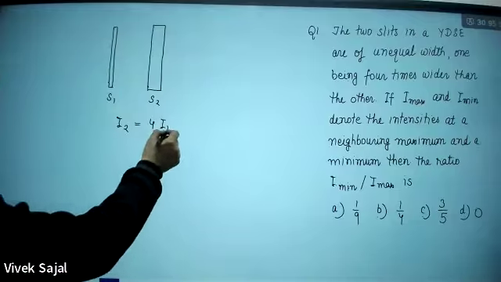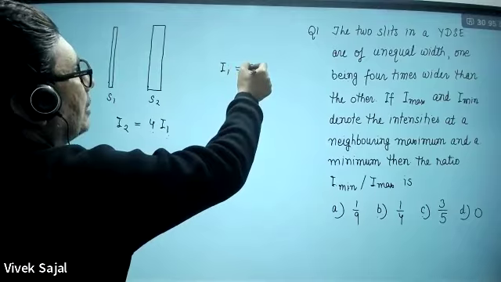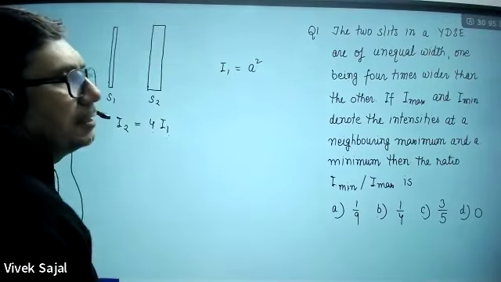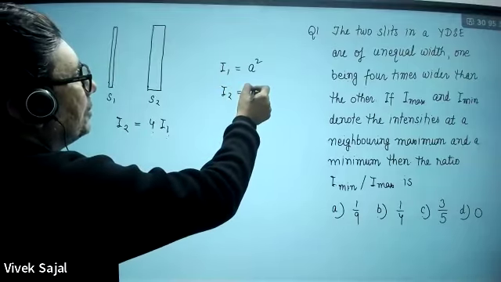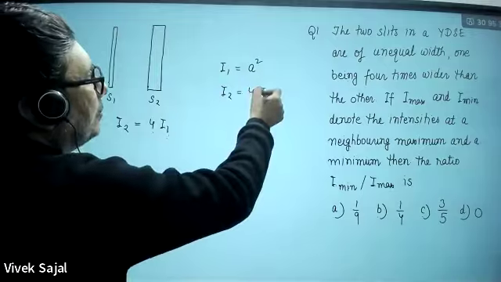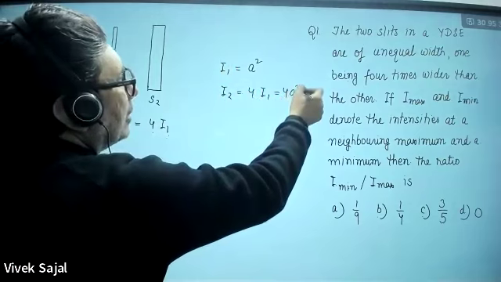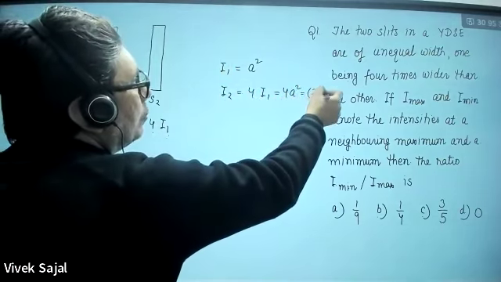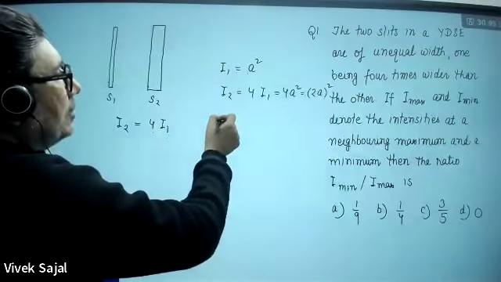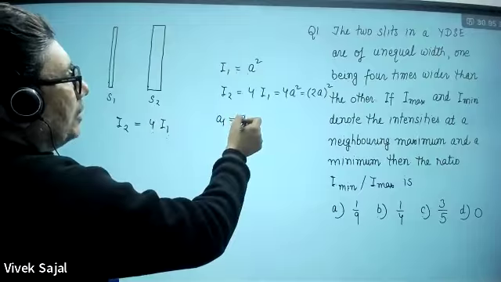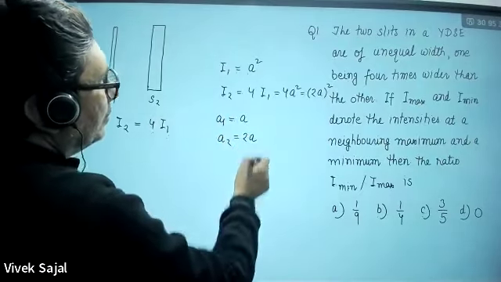If I assume I1 is A square, then I2 will be 4 times I1, that is 4A square. So the amplitude A1 is equal to A, and A2 is 2A.